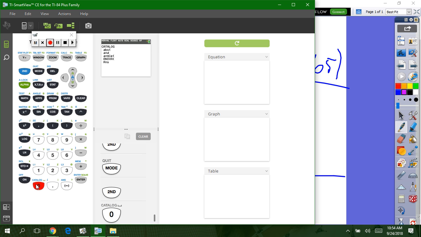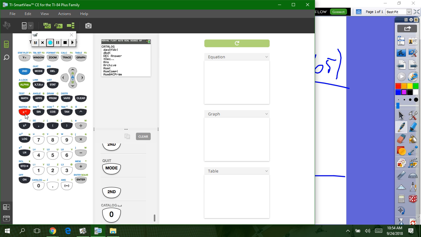Now this is every function within your calculator. I'm going to jump to the D, which is on the x to the -1 button. And I'm looking for the word diagnostic on.